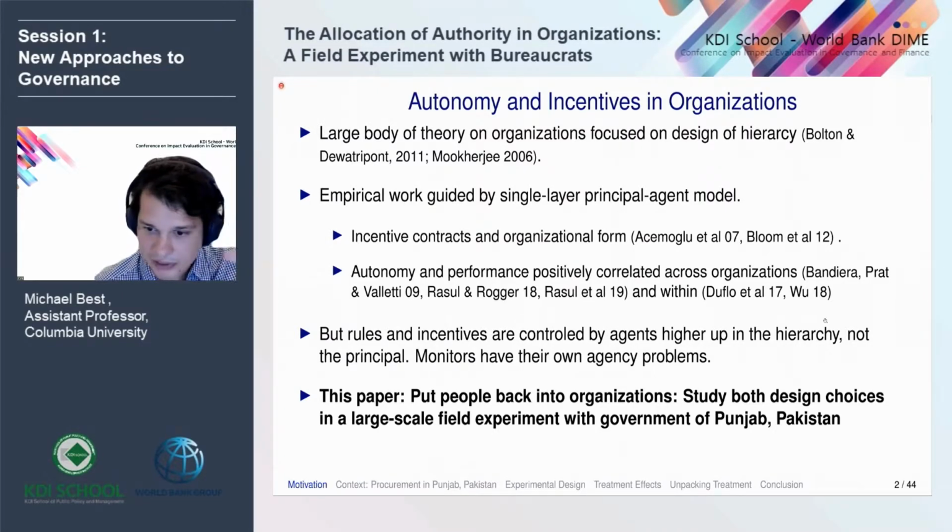And those people, those midline bureaucrats, those midline managers, may have their own incentives and their own agency problems. They may not be faithfully executing the desires of the government, say.